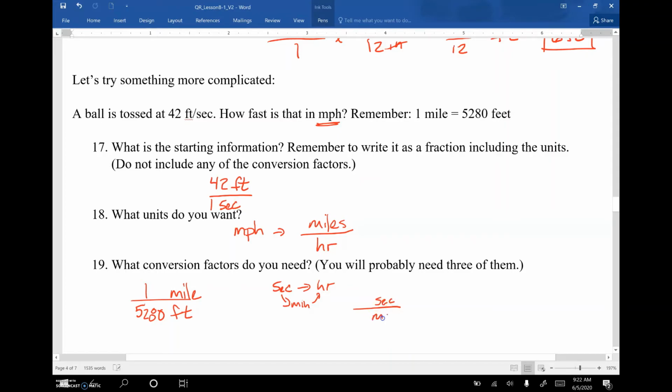And then minutes will be on bottom, and I know that 60 seconds is 1 minute. And then to go from minutes to hours, notice that minutes will be on bottom, so I now want minutes on top, and that will put hours on bottom, and I know that there are 60 minutes for 1 hour.